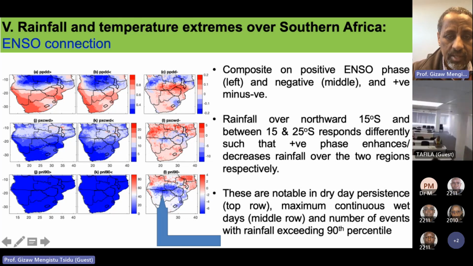And then the region, except again part of northeastern South Africa, the rest is either completely red or light red, which shows that La Nina is the opposite condition. So the response of the region to the different phases of ENSO is basically different.